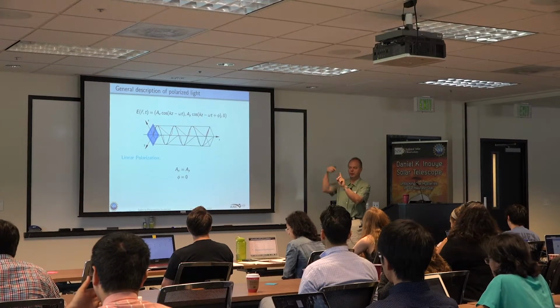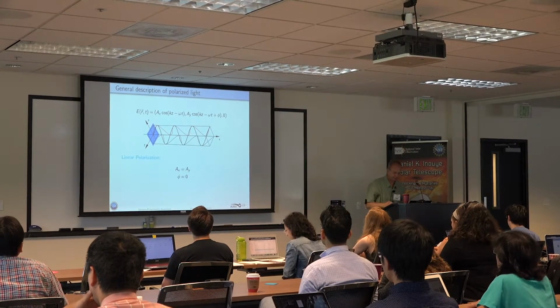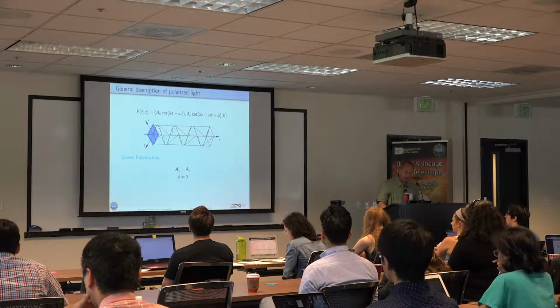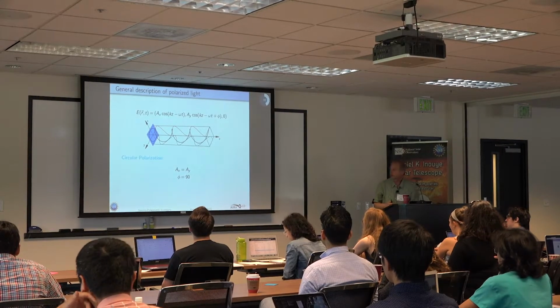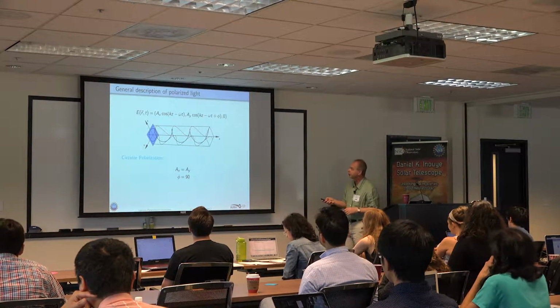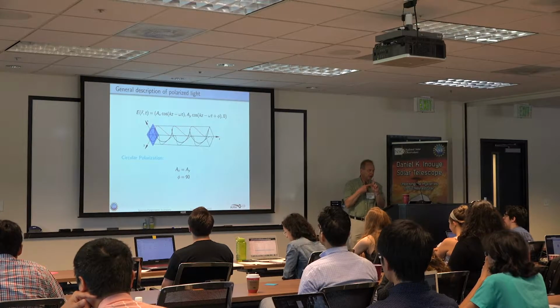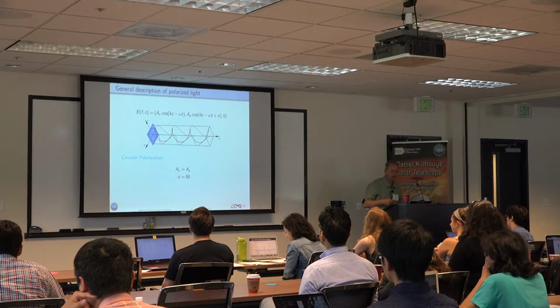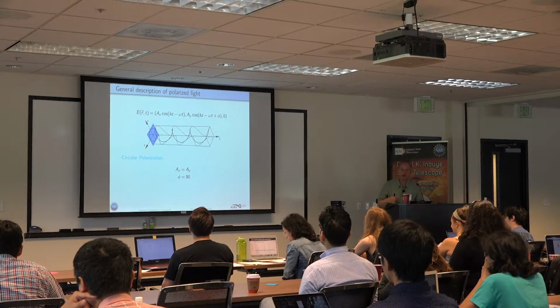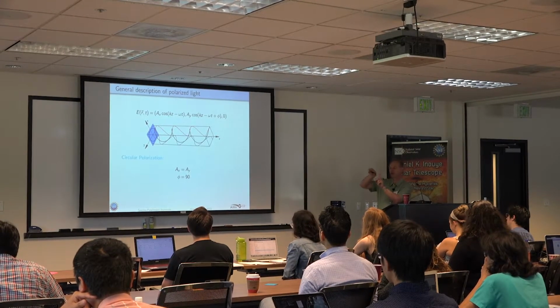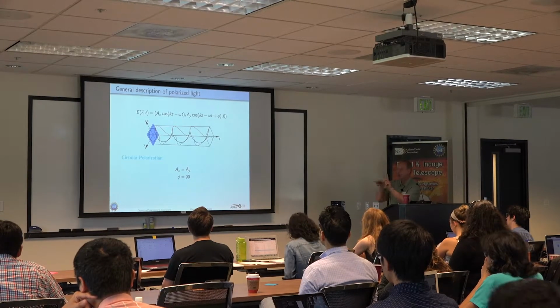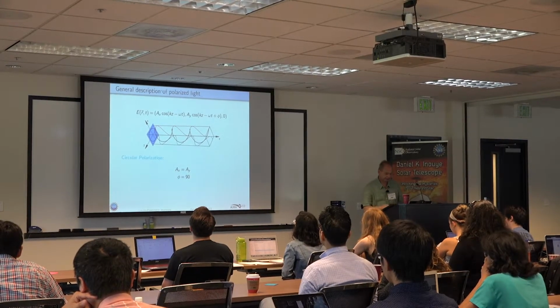And so you have polarization that is like that. If they are the same amplitude, and if there's a phase difference between those two perpendicular directions of 90 degrees, you have a circular polarization. Your resulting vector traces a circle while the light propagates.